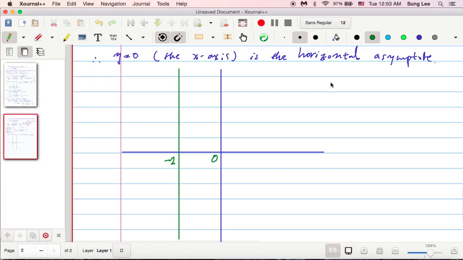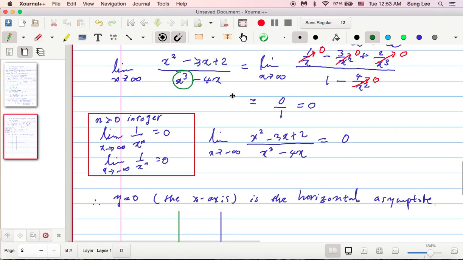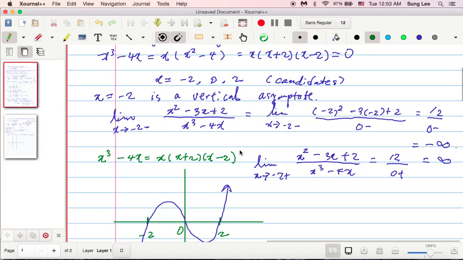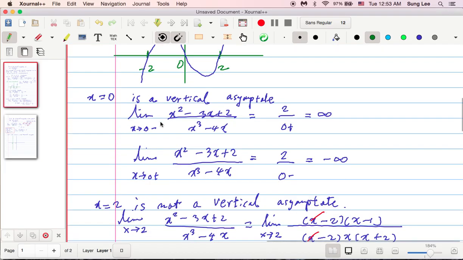If you remember, it was done in the previous page. When x approaches -2 from the left side, that's negative infinity. The right-hand limit at x equals -2 is positive infinity. For x equals 0, the left-hand limit is infinity, and the right-hand limit is negative infinity.